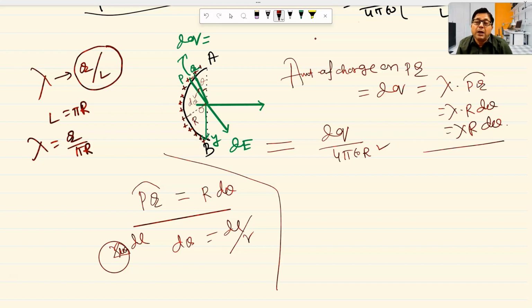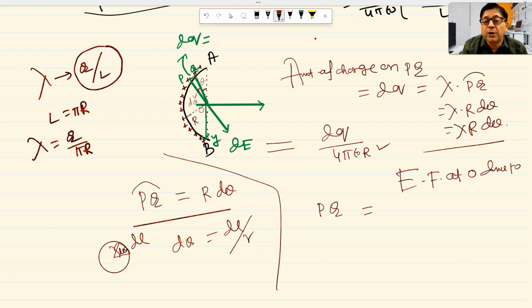So dq is lambda r d theta. So electric field at O due to PQ is equal to dq by 4 pi epsilon 0 r square.